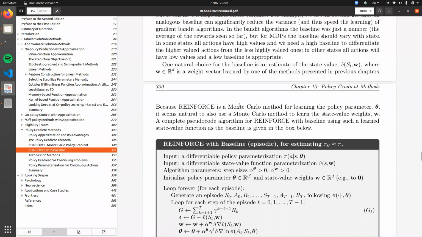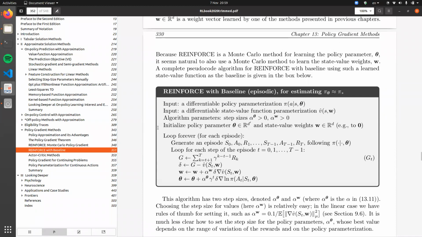And here in the box, you can see how we can use a value function, which in this case is used to learn the expected value of each state.